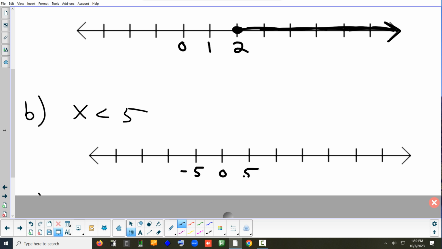What kind of circle do we need on the 5? It's going to be open. And then which way do we shade for this one? This time we're going to shade to the left. Shade everything left. Bounded or unbounded? Unbounded again, because there's an arrow. It just keeps going. It doesn't stop.